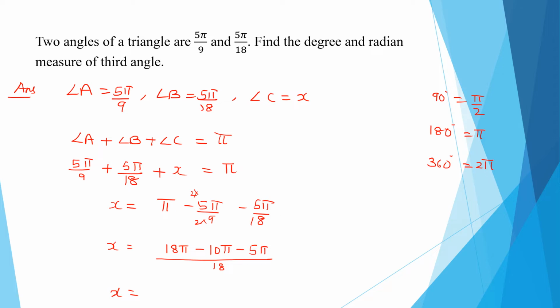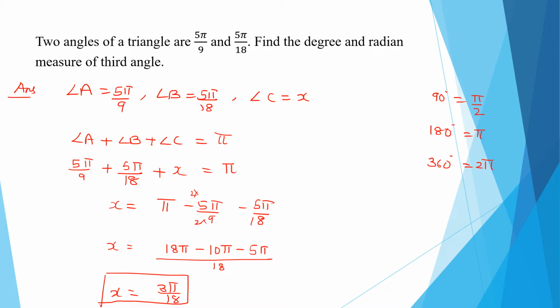So it will become 3 pi by 18. So in radian it will be 3 pi by 18. Now you convert in degree and write the answer. You know how to convert into degree. You have to multiply by 180 by pi to get the answer in degree. Is it clear?